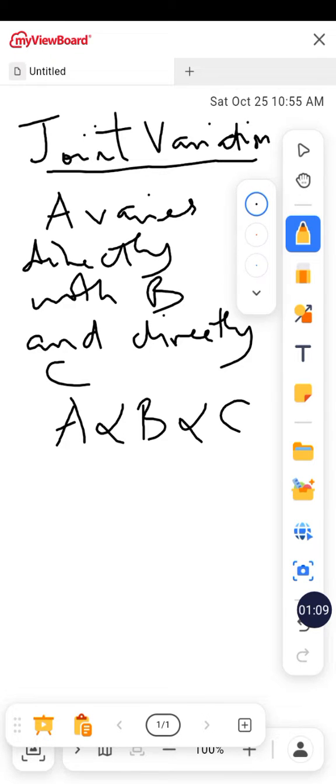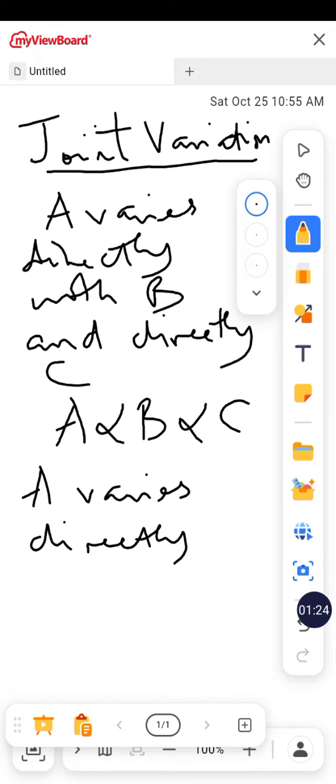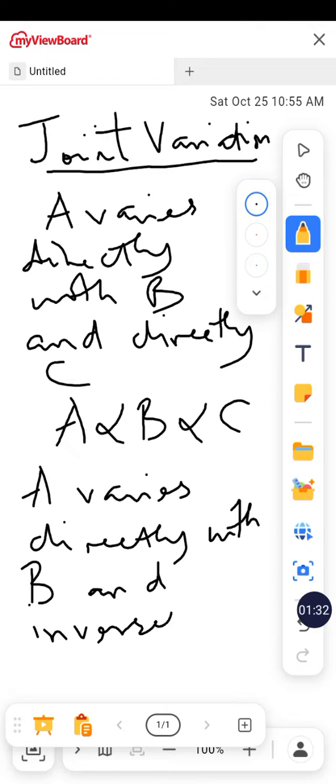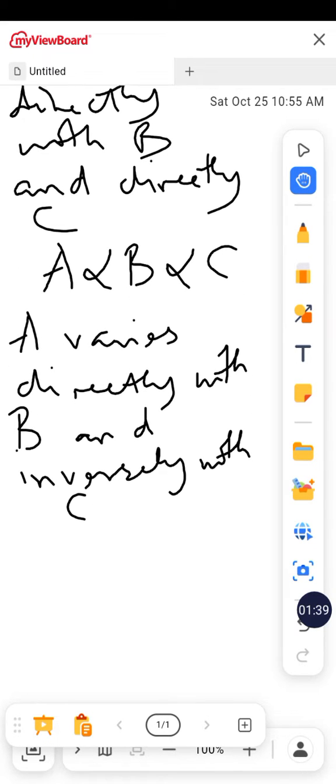So this is it. Joint variation can use direct variation, inverse variation, or a combination of the two. If you have something like this, A varies directly with B and inversely with C, how do we interpret that?